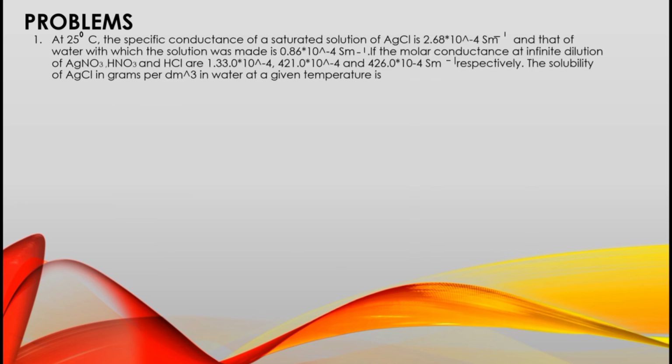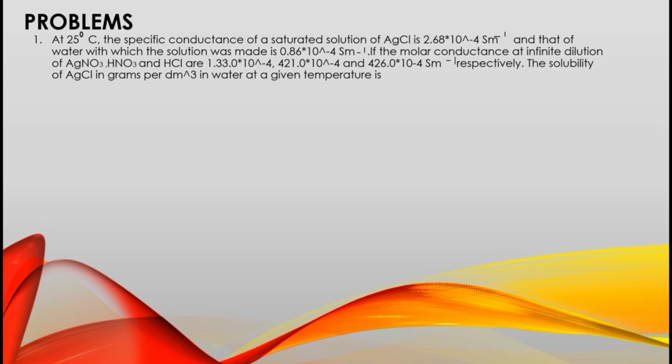Let us solve the first problem. At 25 degrees Celsius, the specific conductance of a saturated solution of AgCl is 2.68 into 10 raised to minus 4 Siemens meter inverse, and that of water with which the solution was made is 0.86 into 10 raised to minus 4 Siemens meter inverse.